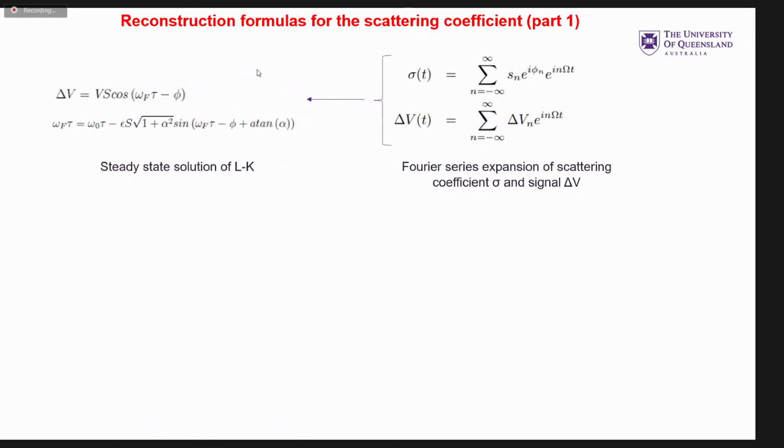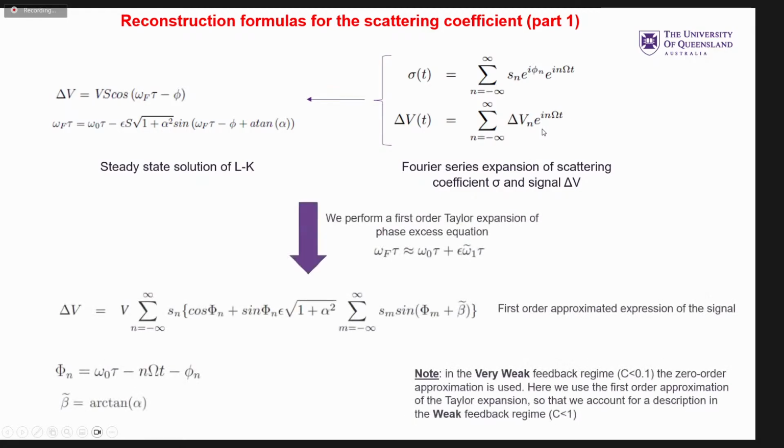Now I will describe the method that we use to retrieve the scattering coefficient. Our starting point is the steady-state solution of the Lang-Kobayashi model. We introduce a Fourier series expansion for scattering coefficient and signal so that we work with the harmonics. Then, by performing a first-order Taylor expansion of the phase excess equation, we can determine a first-order approximated expression of the signal.